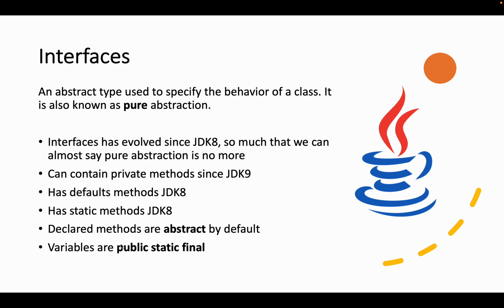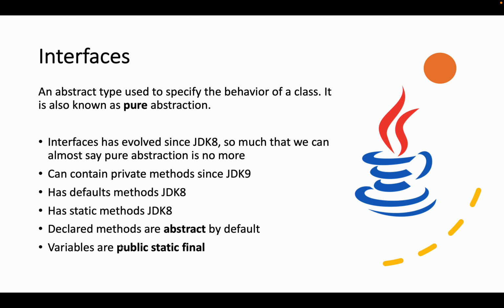However, since the arrival of Java 8, interfaces have evolved so much that we can almost say that the pure abstraction they were known for is no longer the norm, because now you have default methods, you have static methods, and JDK 9 added private methods, all those things. It's almost like they are removing the abstraction away from an interface.